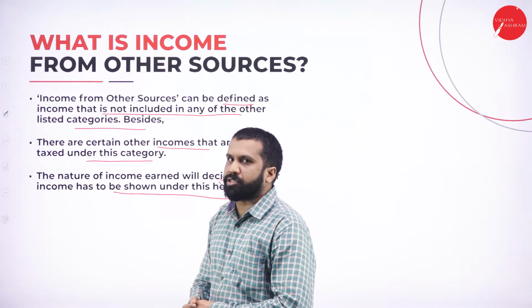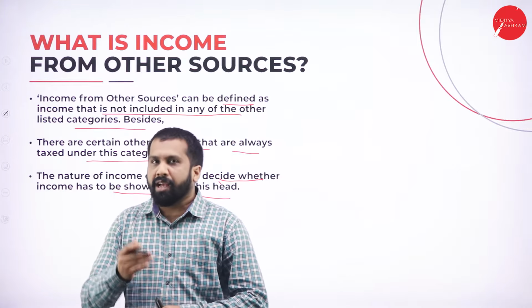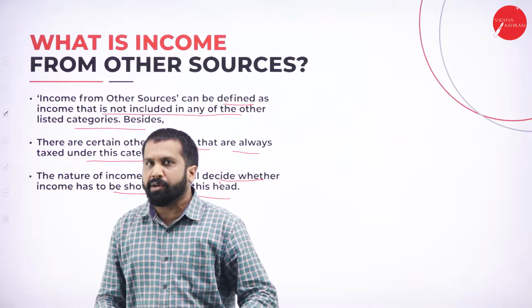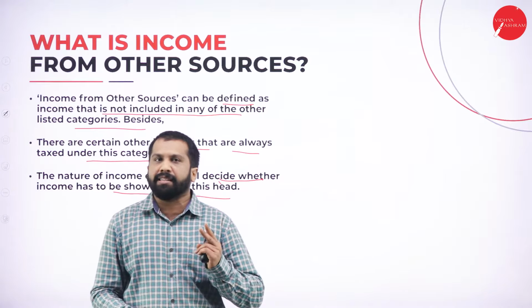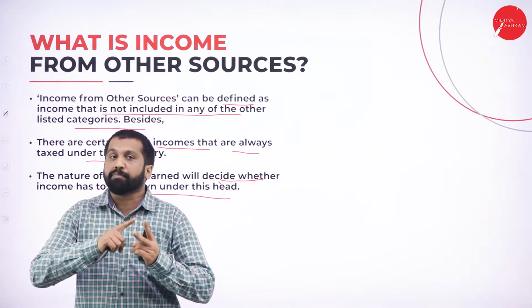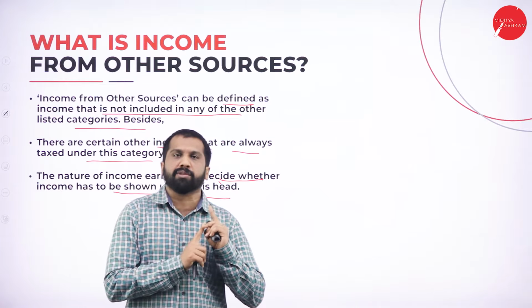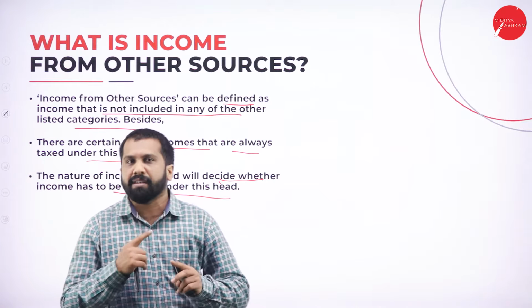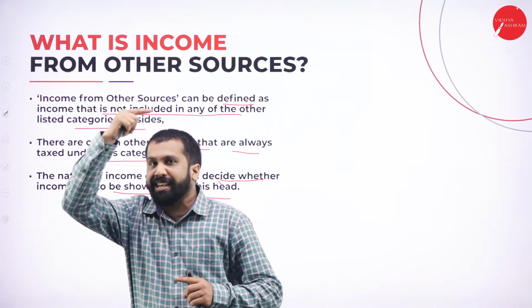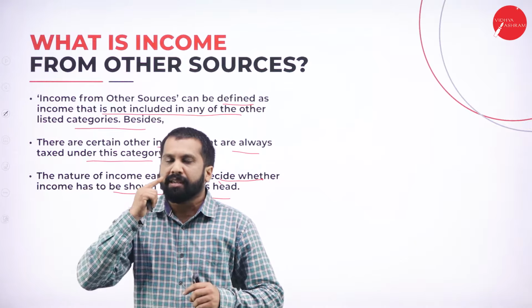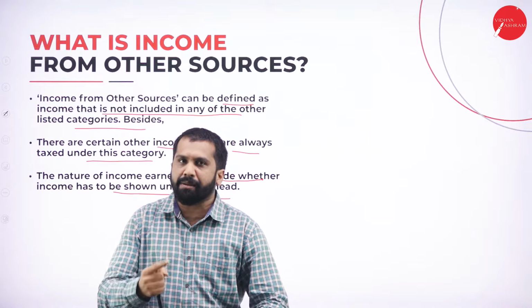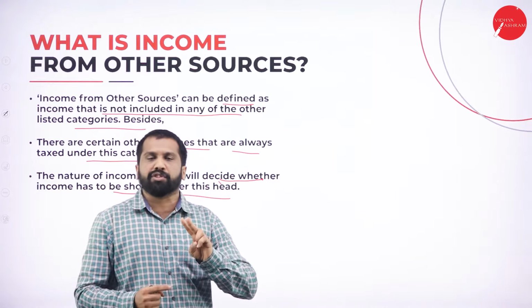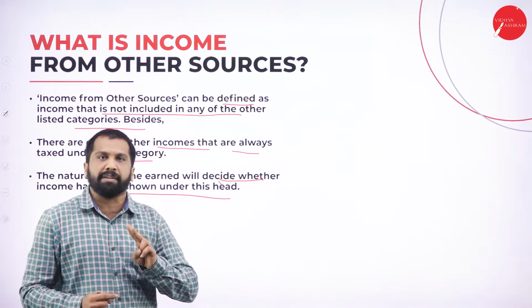What is income from other source, what types there are, how to calculate, they will not ask you. Only two things you will get in this topic. One will be problems on income from other source, and the second will be: write any 10 items which come under income from other source.